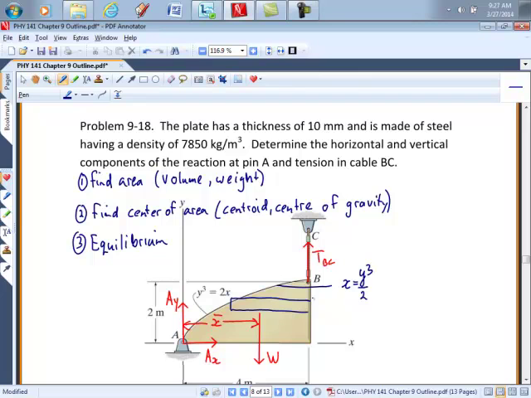So the length of it is going to be 4 minus x. And the centroid of it is going to be halfway between here and the 4. So we're going to find that distance.